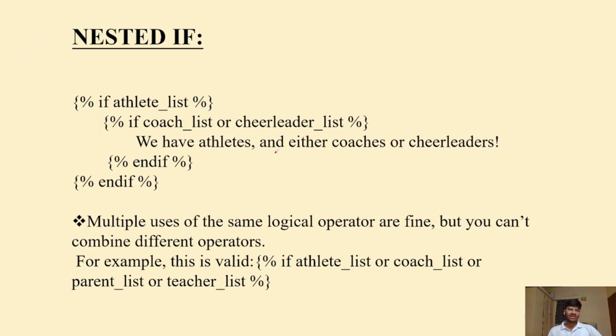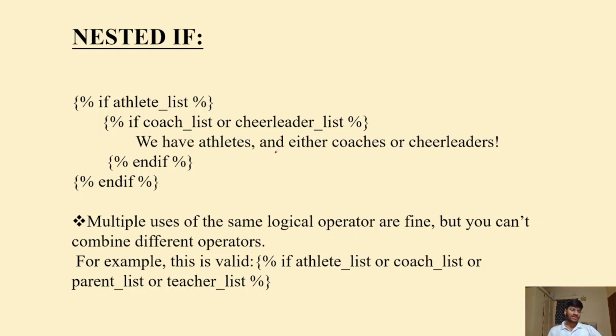Then we have nested if, which is one more if inside an existing if block. So here we are given if athlete list is there. If it is true, then we again take the if block as if coach list or cheerleader list. Then it will print we have athletes and either coaches or cheerleaders.